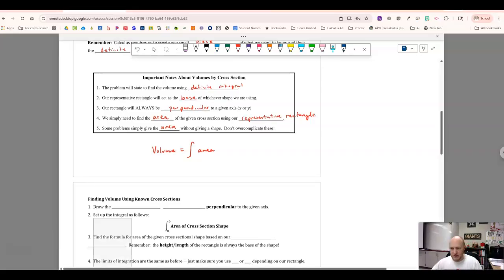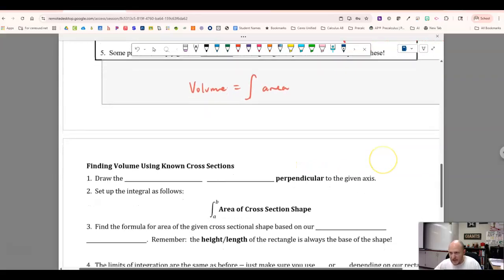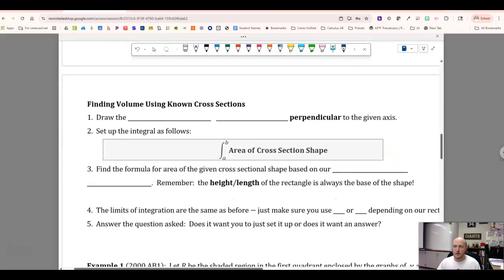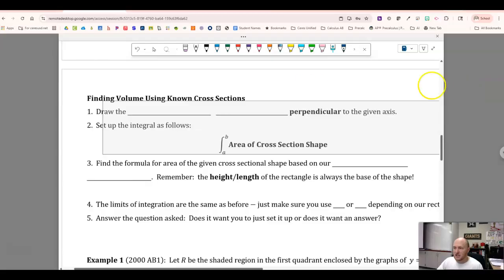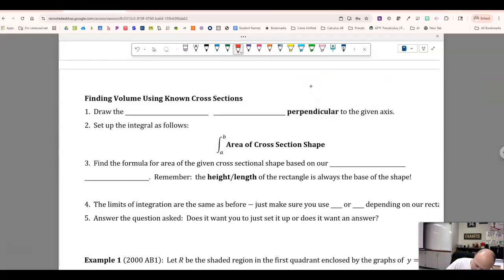With that as a foundation, let's look at the steps. Step number one, draw the representative rectangle perpendicular to the given axis.